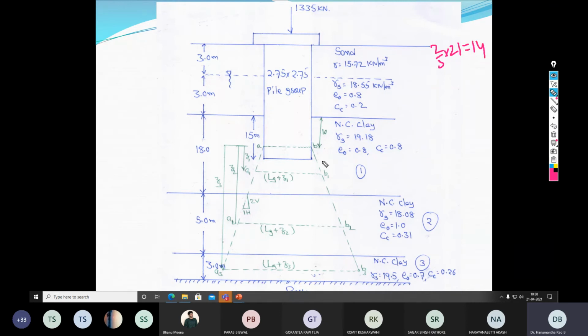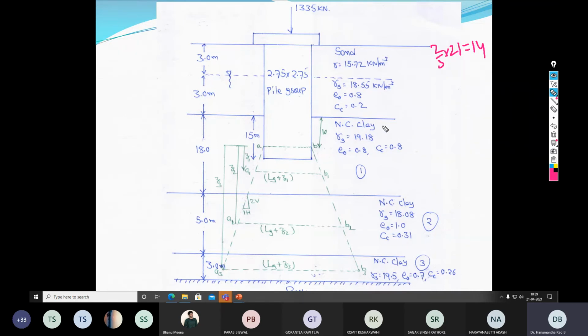So 15 plus 6, so 21, so 14 meter. So only a partial length exists in clay.